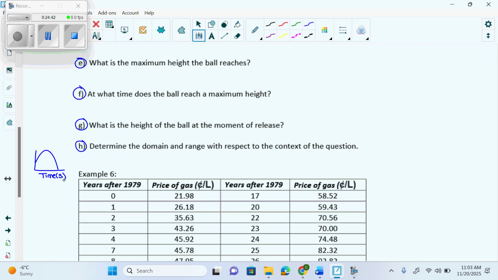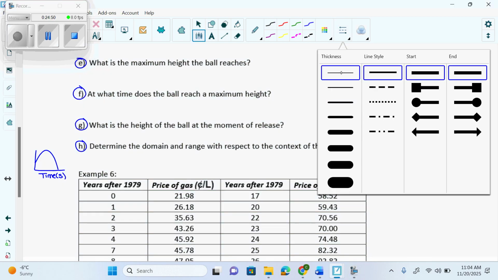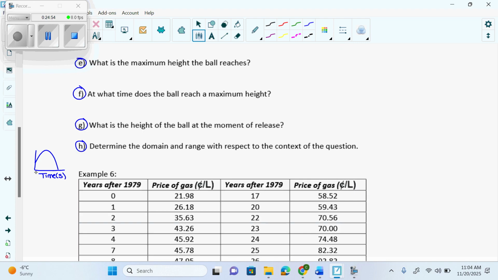So my domain is not going to be x an element of the reals. So what time do we start at for this golf ball? 0 seconds. What time do we end at? We need to find that, correct?